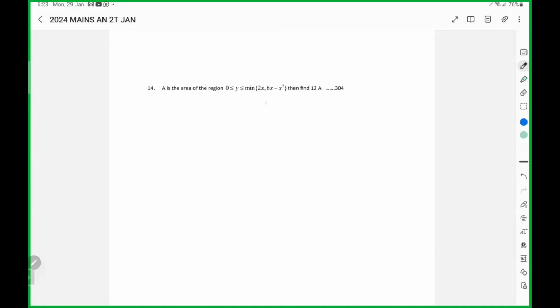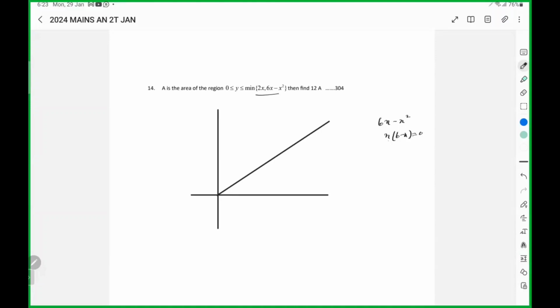So here you have two curves. One is a straight line which passes through the origin. The other is 6x minus x square, x into 6 minus x. It intersects the x-axis at 0 and 6.